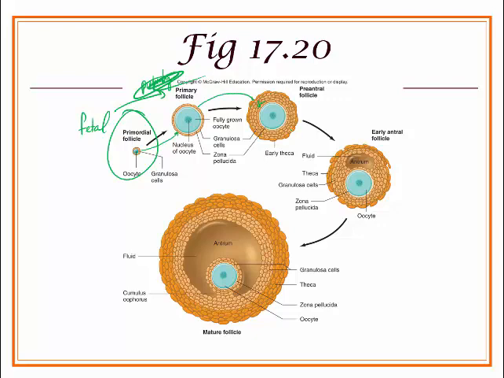The granulosa cells are going to start secreting, and that secretion builds up around the egg and it is called the antrum. As the follicle grows and we get more and more granulosa, we get more and more secretion and a giant antrum. Eventually, the follicle can't hold back that fluid and it will rupture, and the egg inside of the follicle will be ovulated.